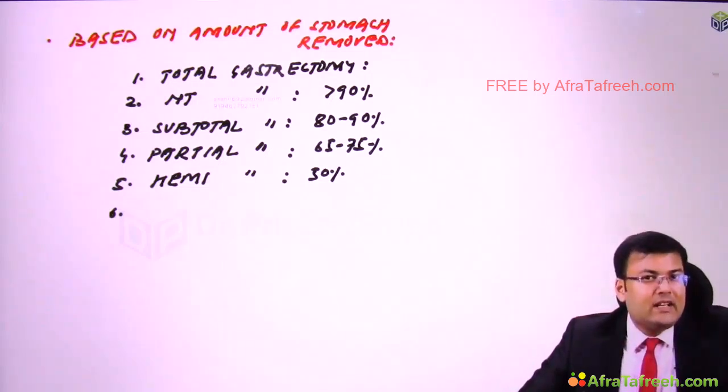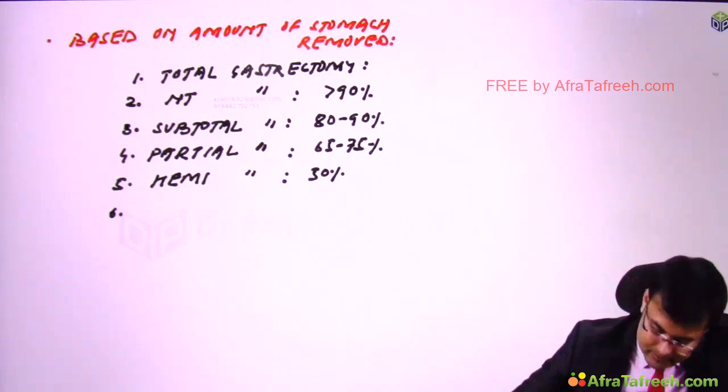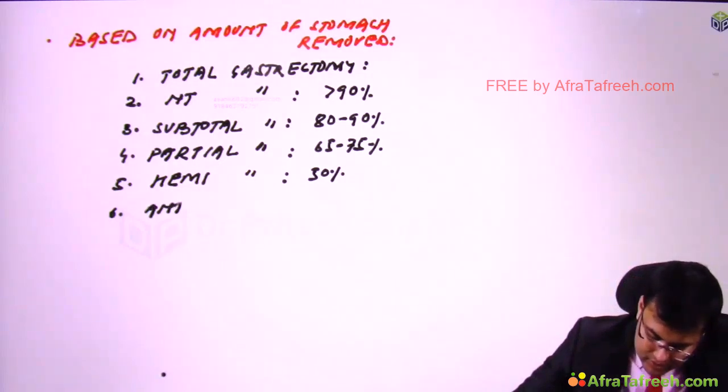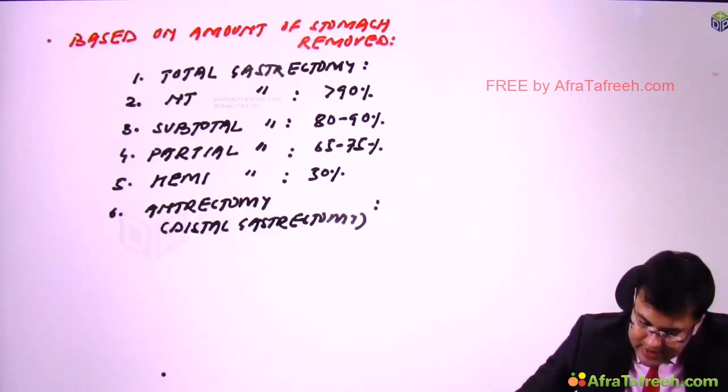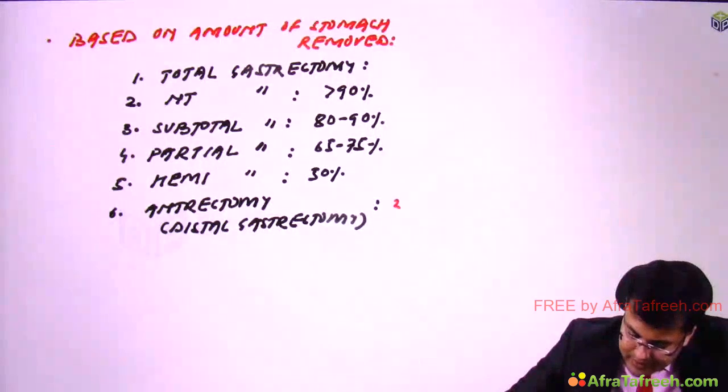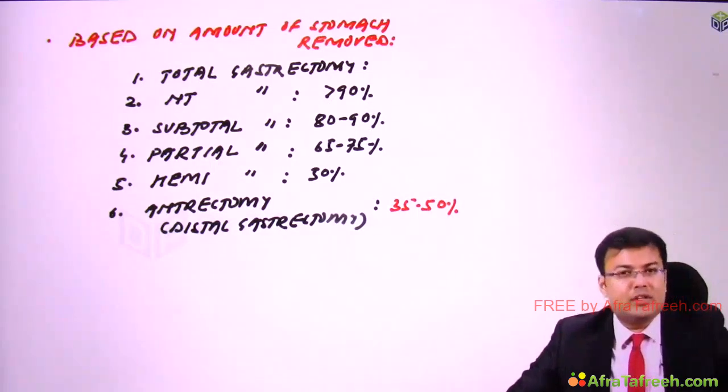Antrectomy is also known as distal gastrectomy. Both are same. And in antrectomy or distal gastrectomy, we remove generally 35 to 50% of stomach.